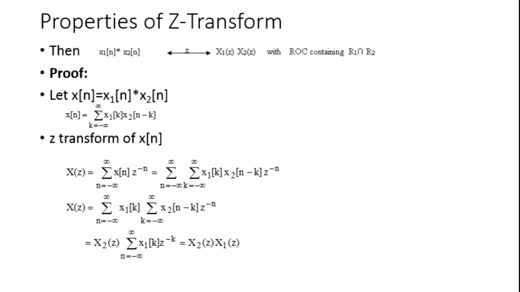Then X of z is equal to summation x1 of k into summation x2 of n minus k into z to the power minus n, which is equal to X2 of z times summation x1 of k into z to the power minus k, which is equal to X2 of z into X1 of z.